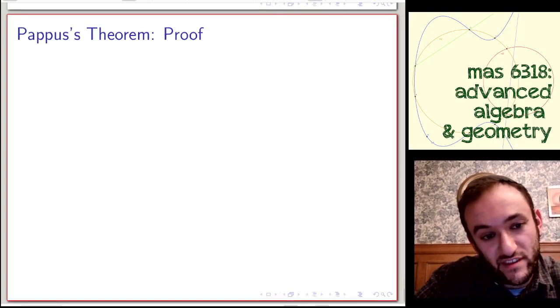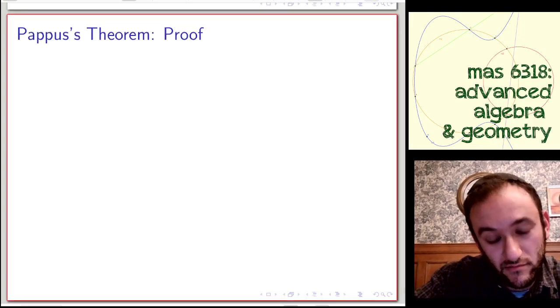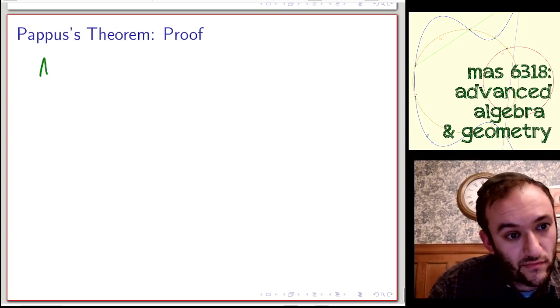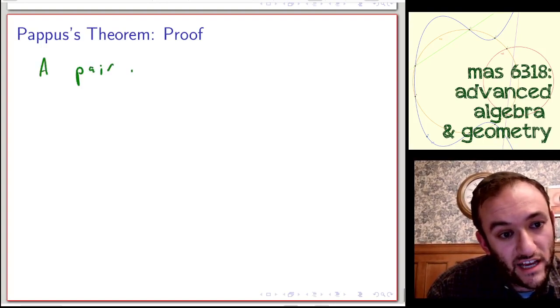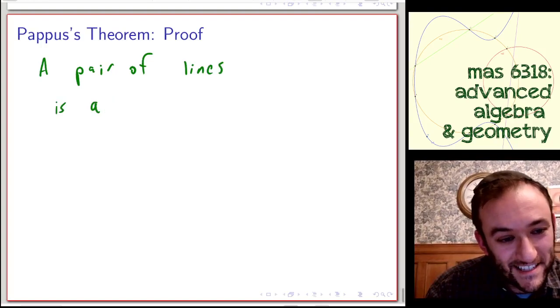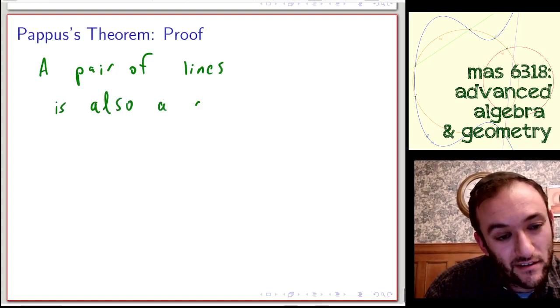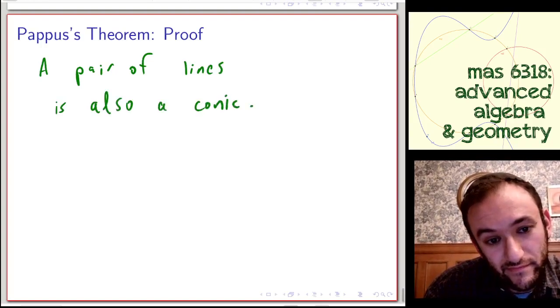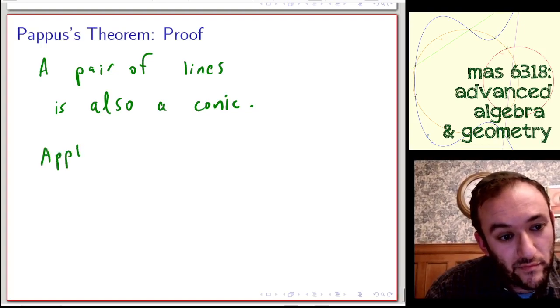And the proof of this is very simple. A pair of lines is also a conic, and it's about that simple. And so you just have to apply Pascal's theorem.